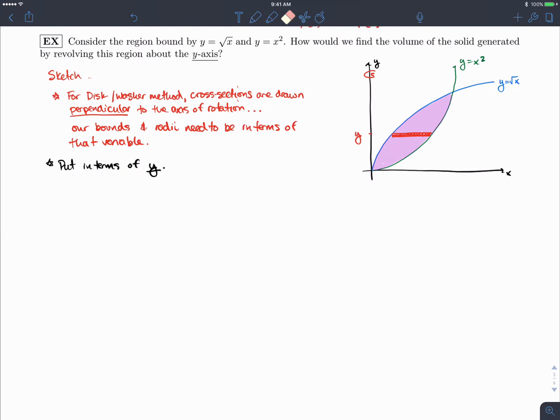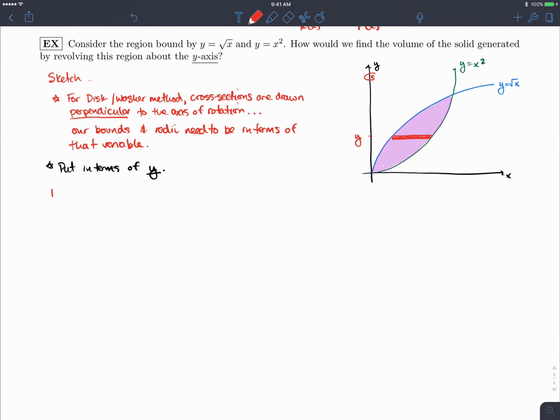Okay, so let's go ahead and get the bounds and our radii, and then we'll make sure that everything is in terms of y as we need. So for our bounds, as we've done before, we would say let's take our two functions, x squared and the square root of x. We're going to set them equal to each other. And solving this, so maybe we'll square both sides, which would give us x to the fourth is equal to x.